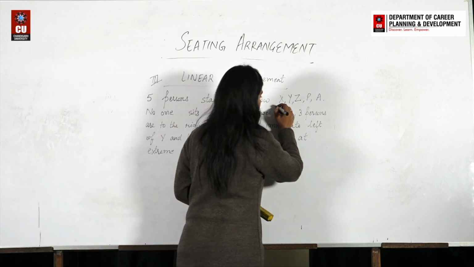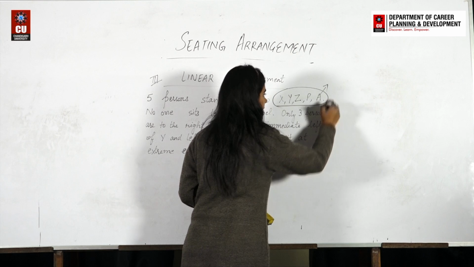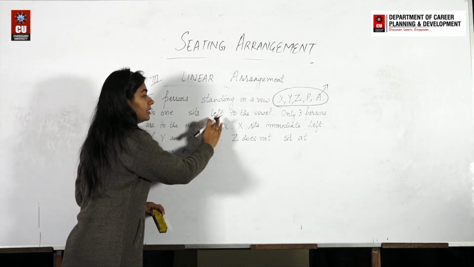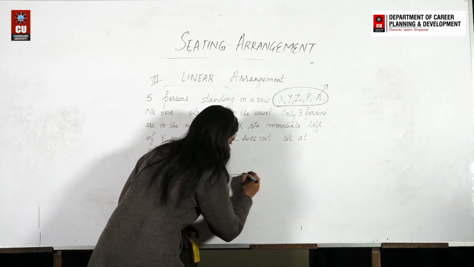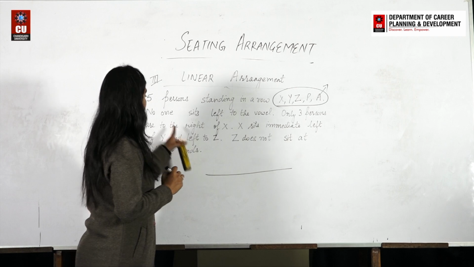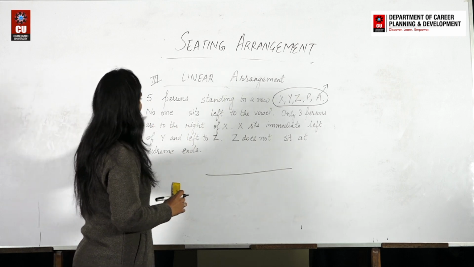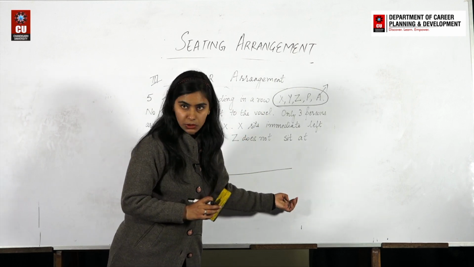Now here in all the 5 persons, the vowel is only A. The statement says no one sits to the left of the vowel. In a linear straight line arrangement, all 5 persons are facing northwards.